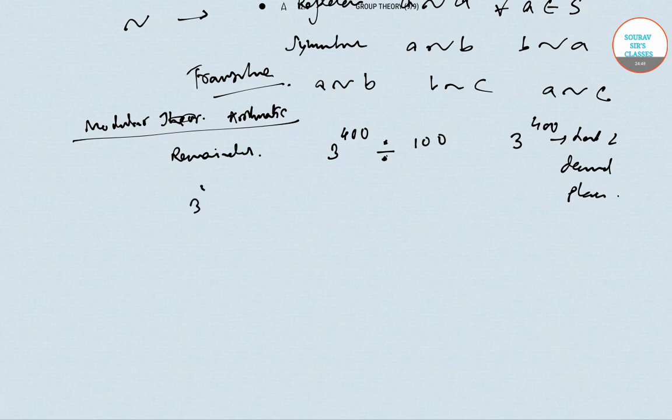So we know 3 to the power 5 is 43 modulo 100. Now why have I written this?